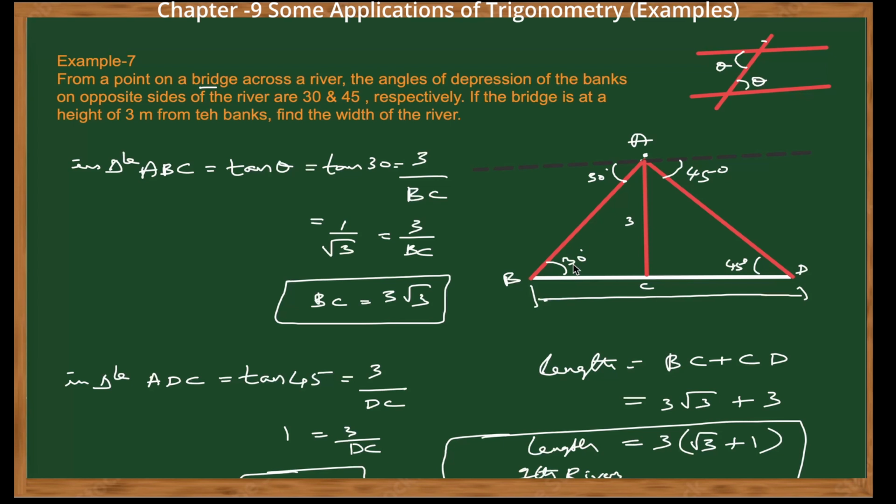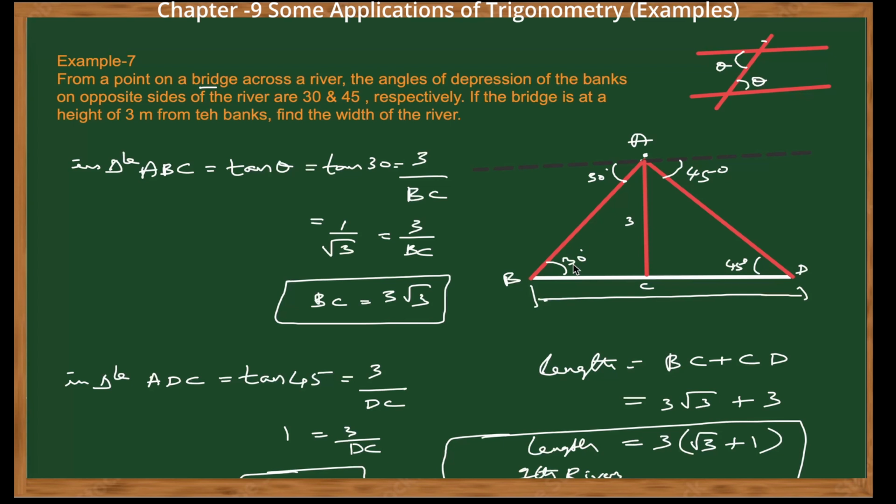Most of the questions you need to remember in this way. Try to do this sort of pattern of questions 2-3 times. Angle of elevation remains the same, but especially when it comes to angle of depression, you can apply alternate interior angles directly, like how I've done in this and the previous question.